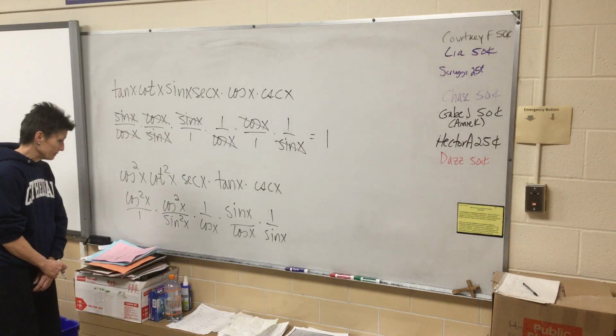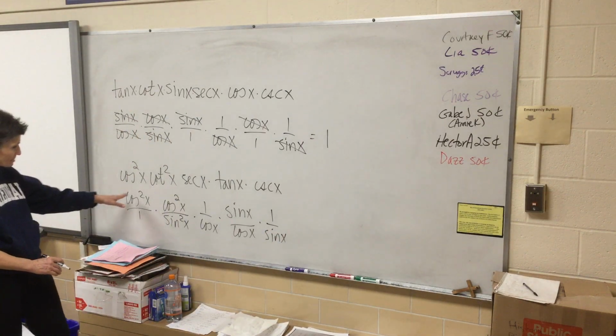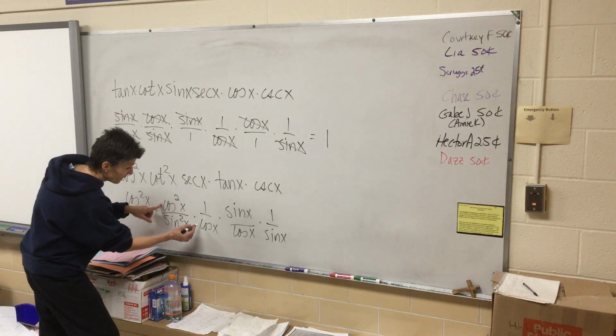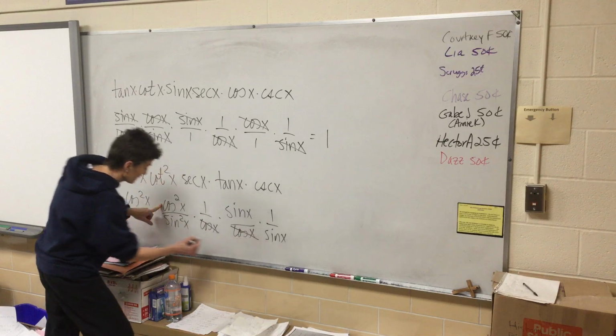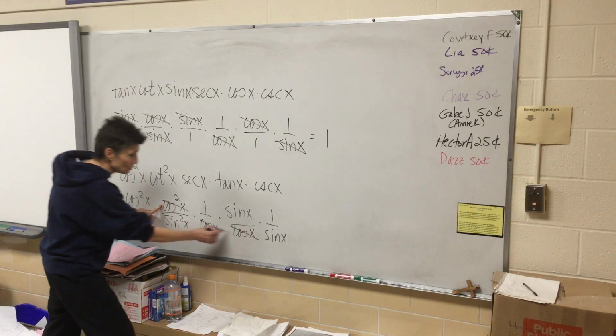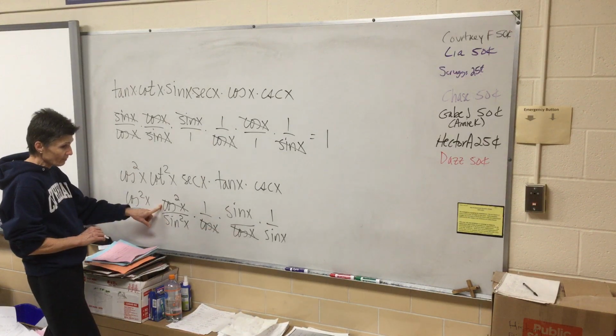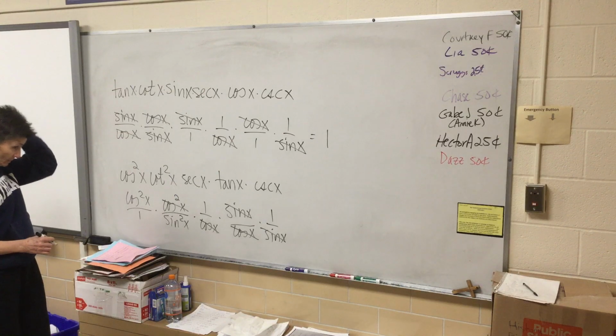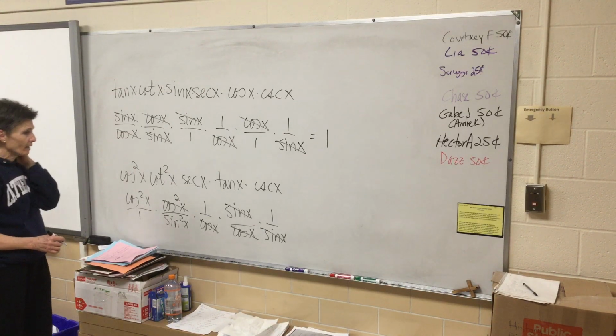All right. Now be careful because these are squared. So in order to cancel, do you see how I have 2 cosines down here? So that will cancel that out. Would you agree with that? It takes 2 to cancel out a square. These guys will cancel. And what am I left with?